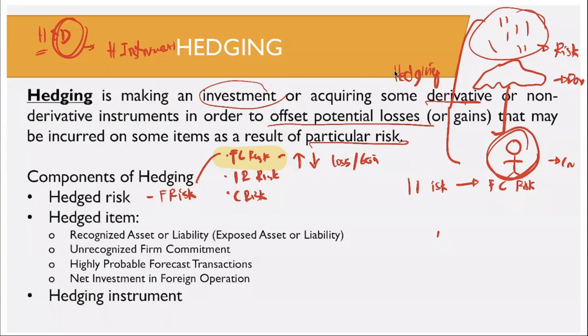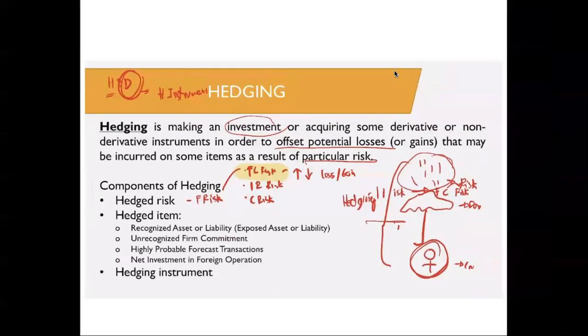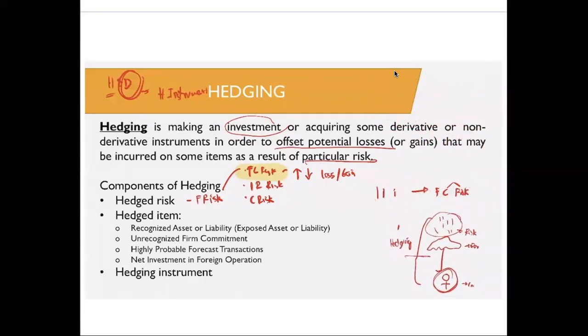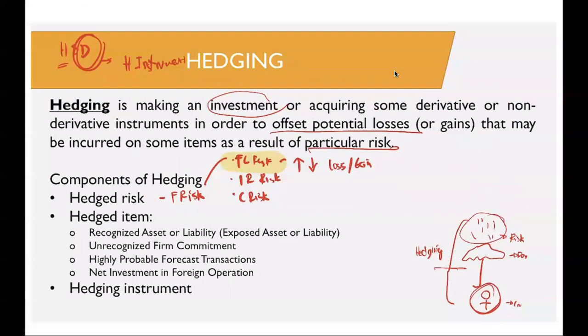Now, in our illustration, if you still remember, this whole illustration is your hedging. This is the concept of hedging. So this rain is likened to your risk, which is known as the hedged risk.